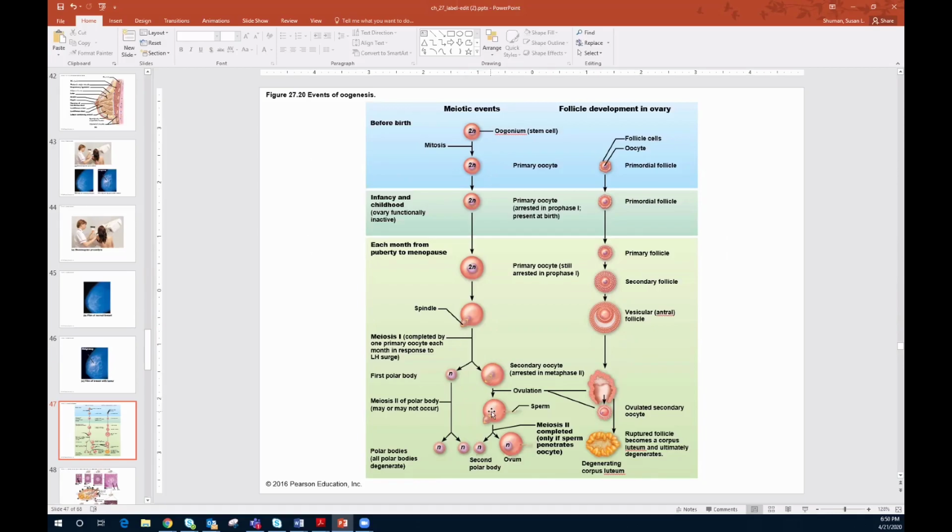It will never, ever finish meiosis 2 unless it gets fertilized. Fertilization doesn't mean sperm meets it. Fertilization means that the chromosomes of the sperm get inside the egg and start mitosis. Okay? So no more mitosis in the ovary after you're born. It stops before you're born.